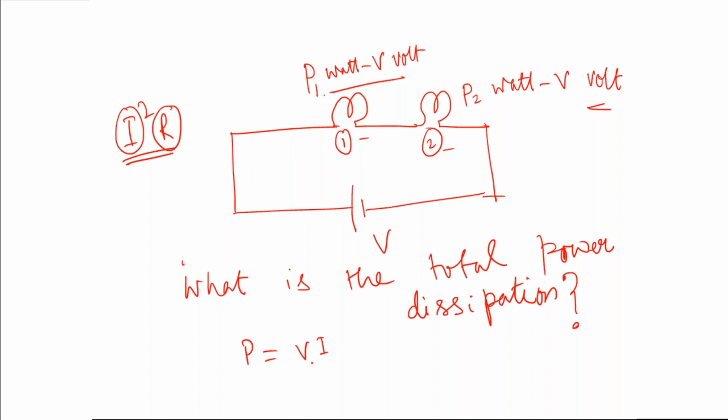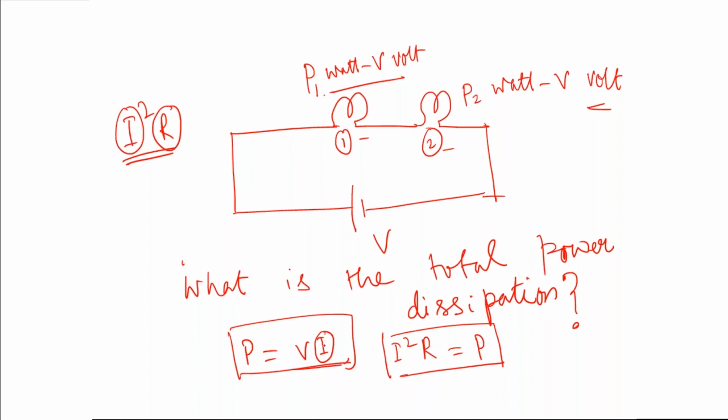From here we can find out the current. P is equal to V into I. From the formula I square R, I can find out the R also. So P is equal to I square R, or P is equal to VI. These are two formulas.